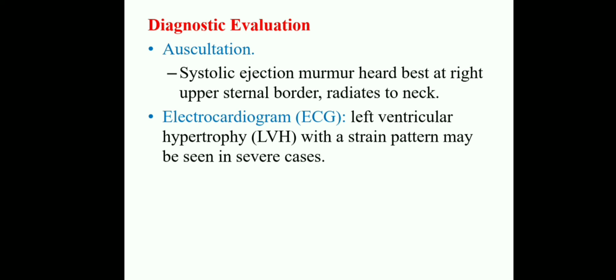We will easily identify the murmur. It is on the right side of the upper sternal border, and it radiates to the neck side, because the aorta is ascending and the narrowing part is there, so we will identify the murmur above the chest region, moving upwards.